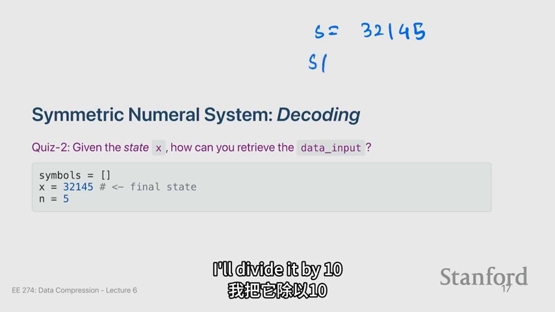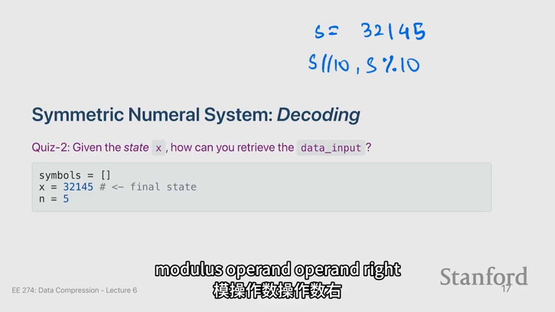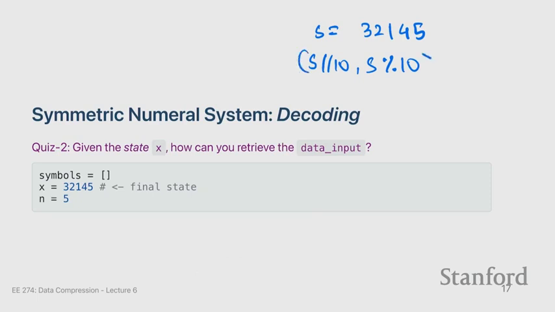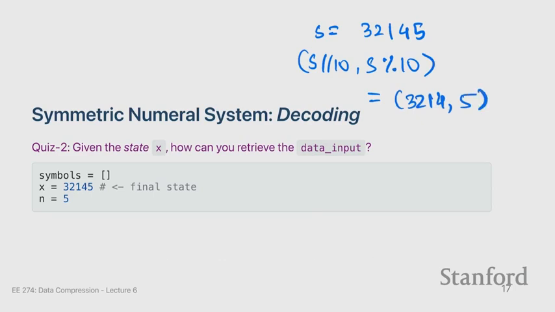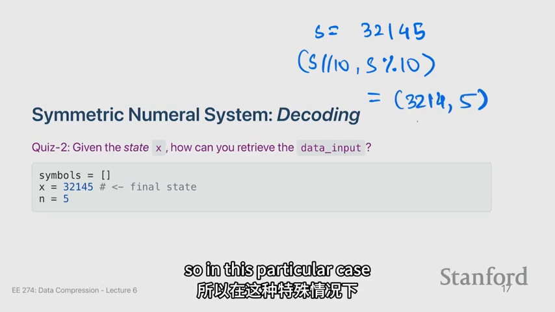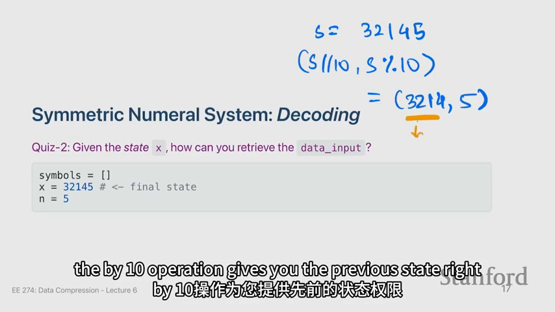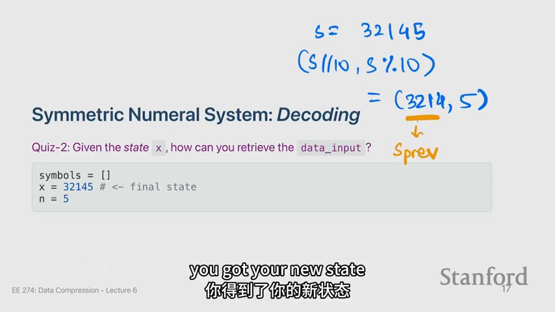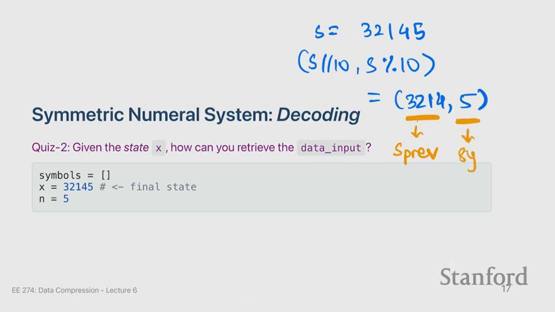I'll divide it by 10 and calculate the modulus, right? And this will give me the symbols, 5 and the rest. Then I can keep repeating this operation. In this particular case, the division by 10 gives you the previous state, the state from which you got your new state. And the modulus gives you the symbol.